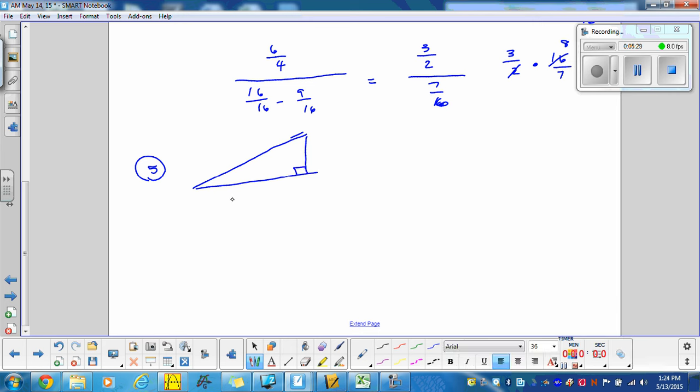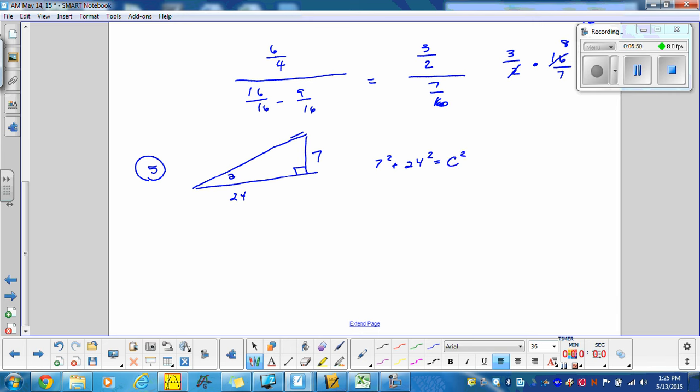It has 24, and this is alpha, and 7. So we're going to use the Pythagorean theorem, which we didn't have to do last time. These are two legs, so 7 squared plus 24 squared equals c squared.